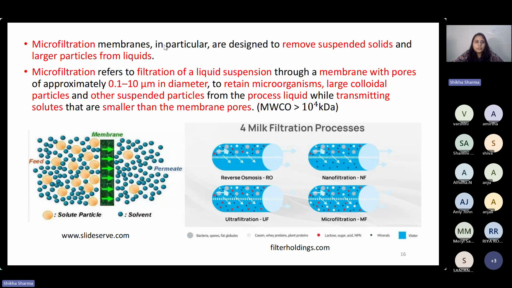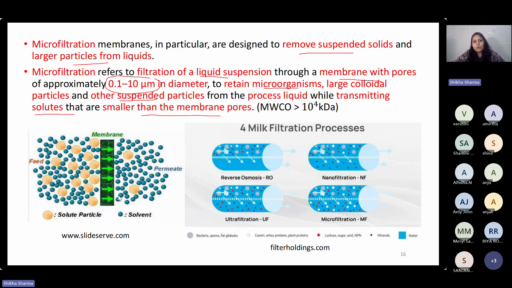So microfiltration membranes in particular are designed to remove the suspended solids and the larger particles from liquids. Microfiltration refers to the filtration of a liquid suspension through a membrane with pores around 0.1 to 10 micrometer in diameter, and it retains basically the microorganisms, large colloidal particles, and other suspended particles from the processed liquid while transmitting the solutes which are smaller than the membrane pores.